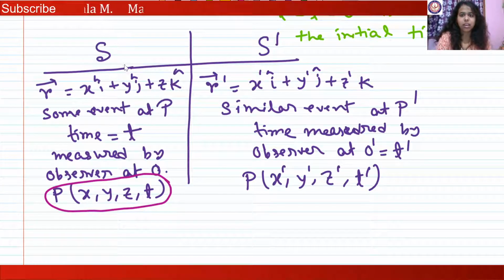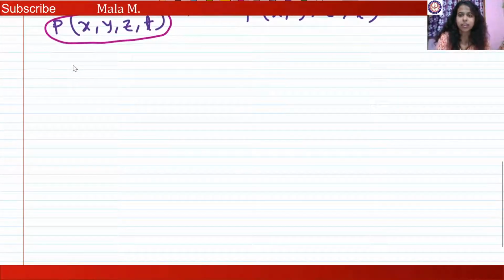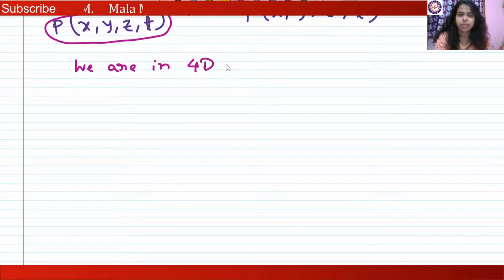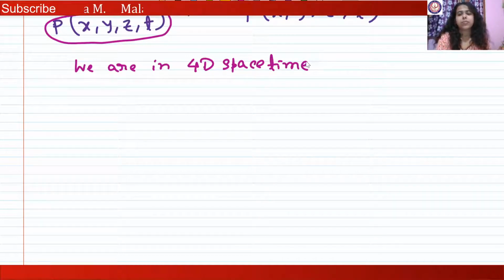So now we can say that we are in a four-dimensional space-time.